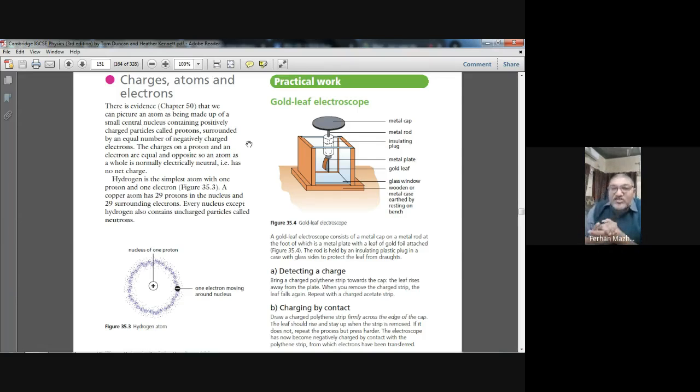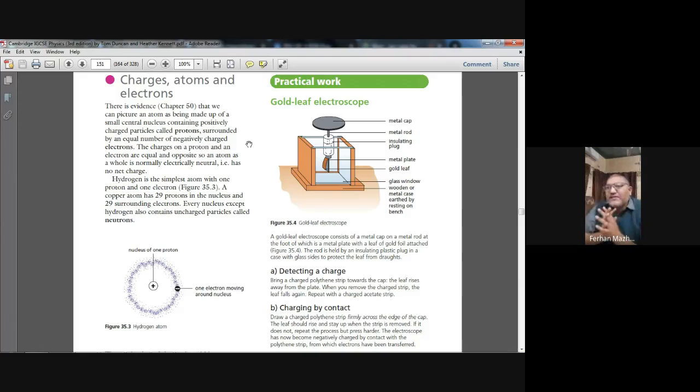The electrons can be taken out of an atom and they can also be given to an atom. You see, in a neutral atom, the number of protons and the number of electrons are always equal.